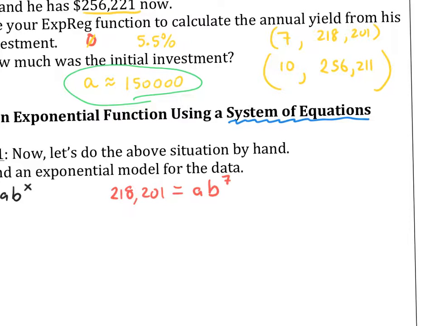Now let's repeat the process, but with the other results. 256,211 is equal to A times B to the 10th power. So instead of isolating one of the variables and plugging them in, which is what we can do, and what you may have done with your old problems, notice we're just going to do operations one against the other.